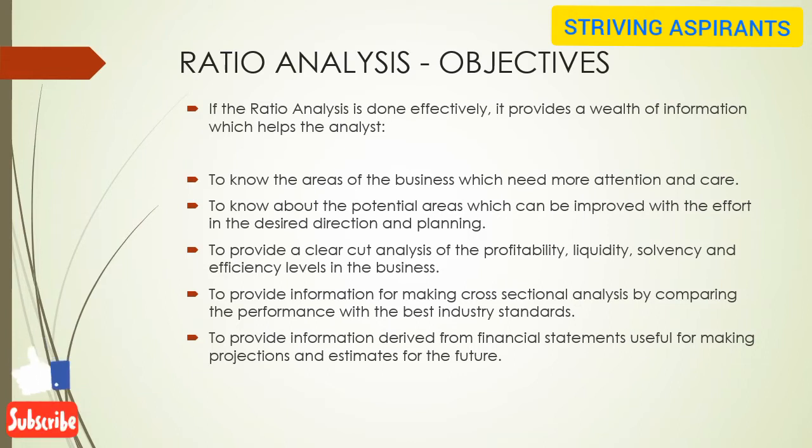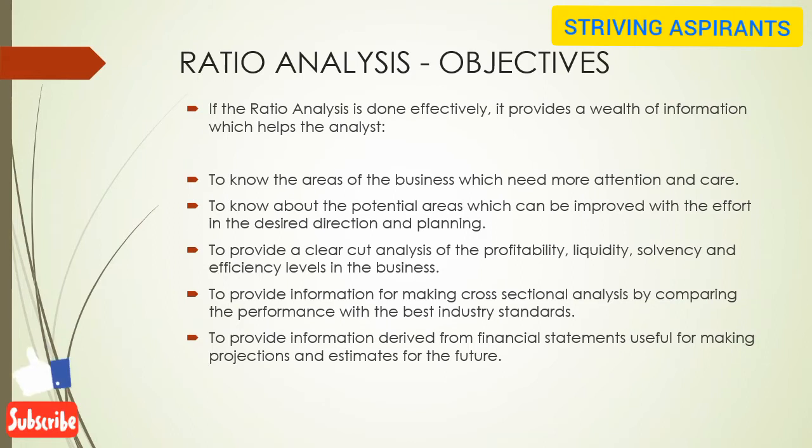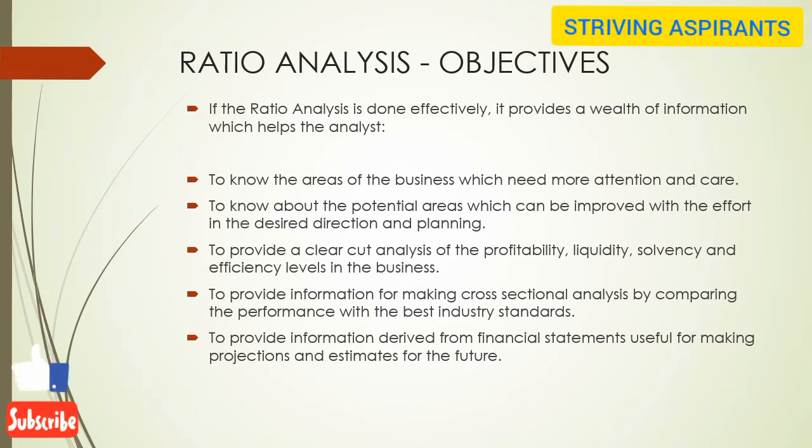From all these points we can say the ratio analysis is all about analyzing figures in order to know the problem areas in the organization so that proper attention and care can be taken. Proper planning can be done in order to improve the problem areas, and we can make the future of the organization better.